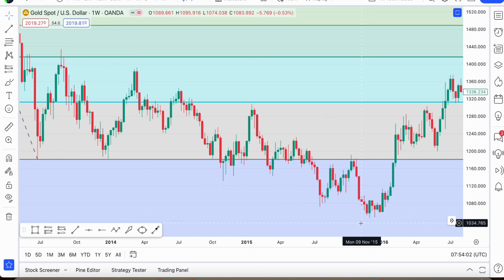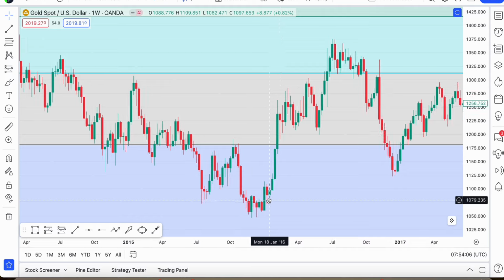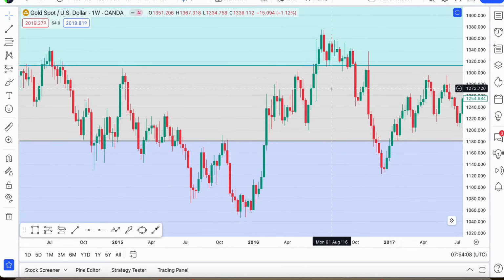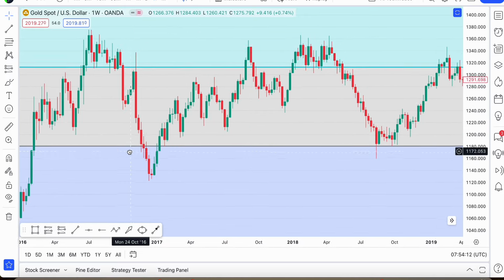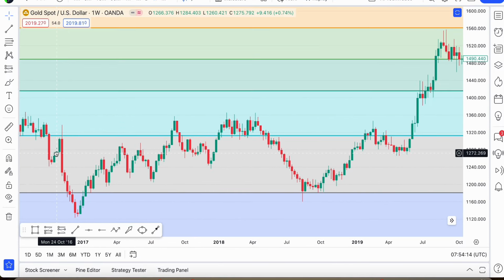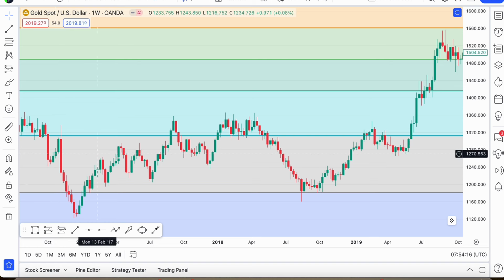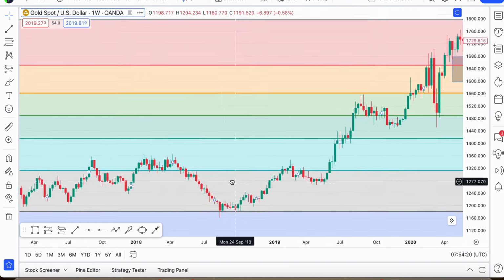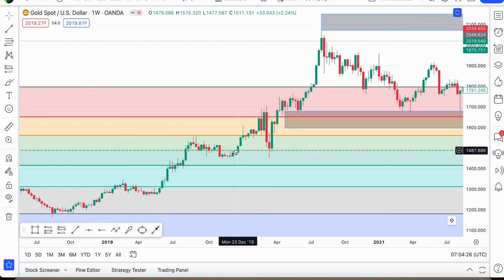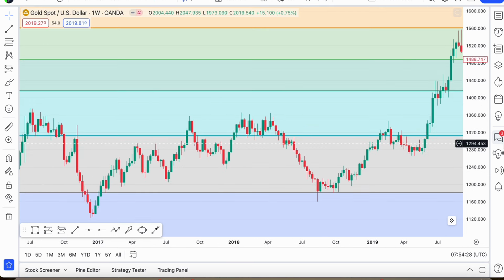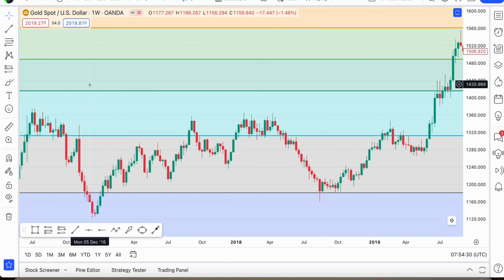So it tested again, it went back, broke it, and what is interesting here is that all the activities are happening at key Fibonacci levels. When it breaks it here, then you see this. So going forward, when did I start? Let me look at the dates I placed that.